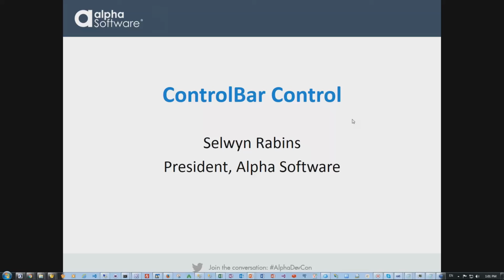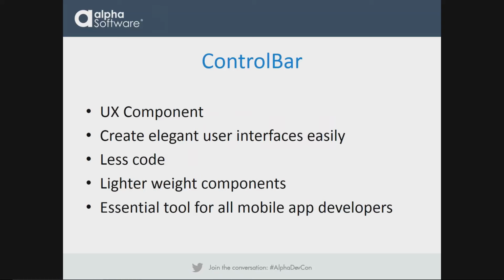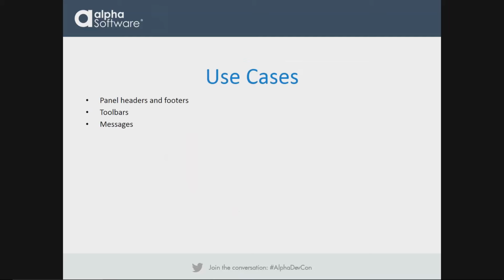We're confident that all developers who are using the UX component will begin to use the control bar very heavily. So basically what we'd like to do today is first of all simply talk a little bit about the control bar in general, but most of the time we're going to spend actually looking at real examples and going through the concepts of the control bar.